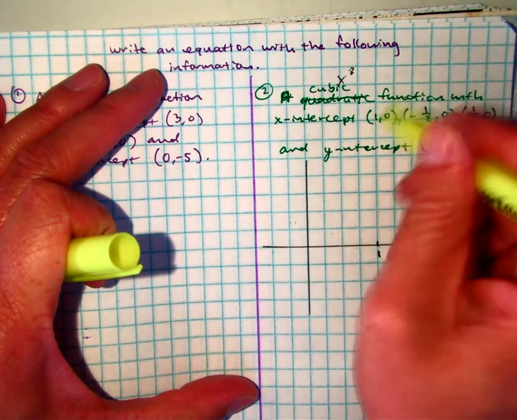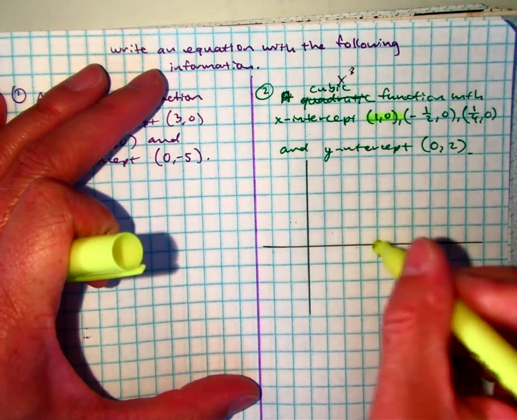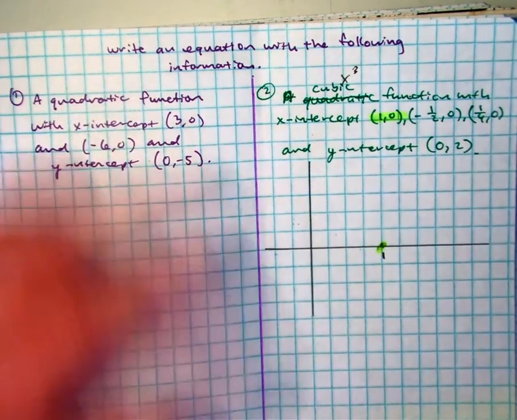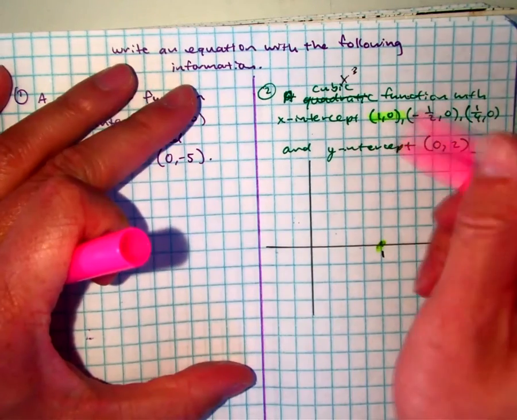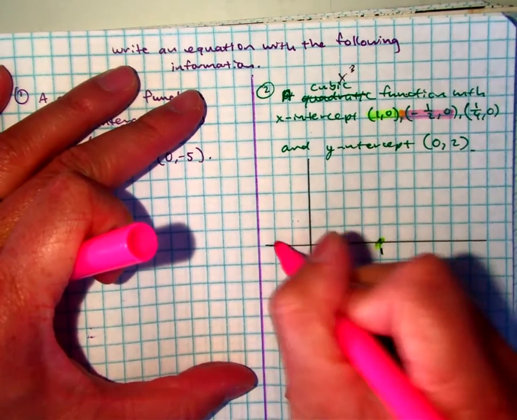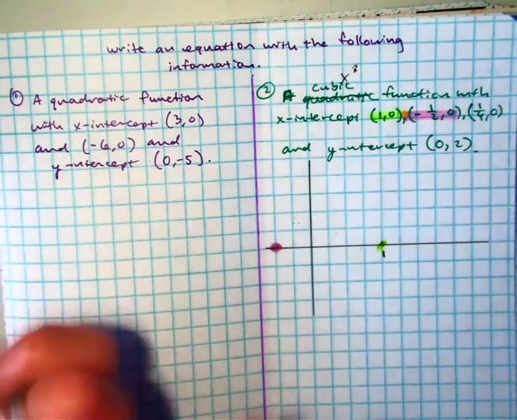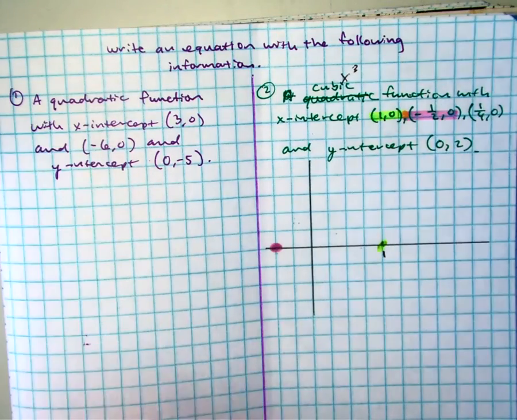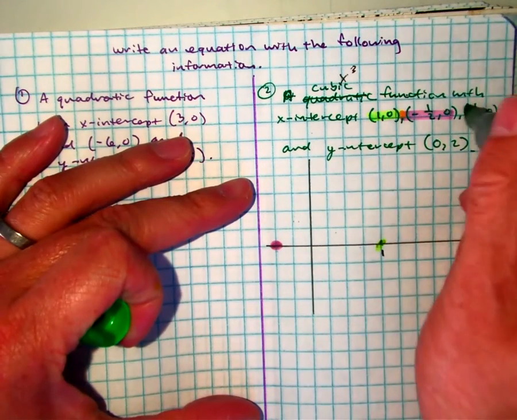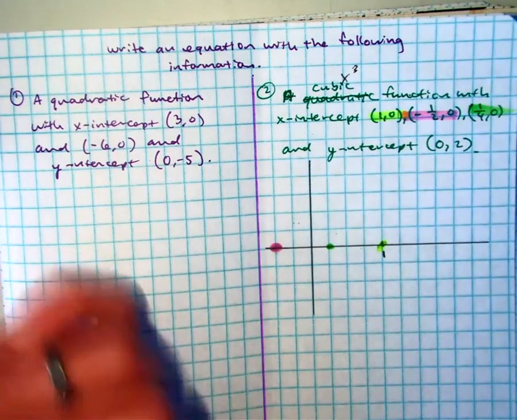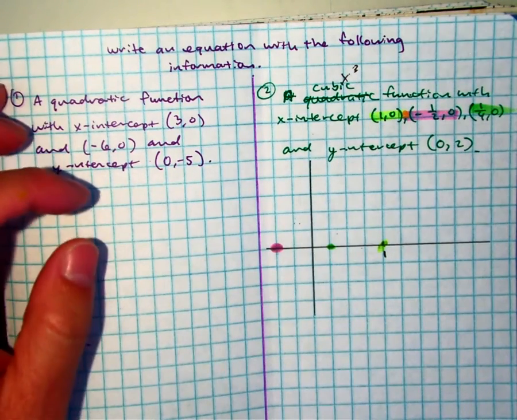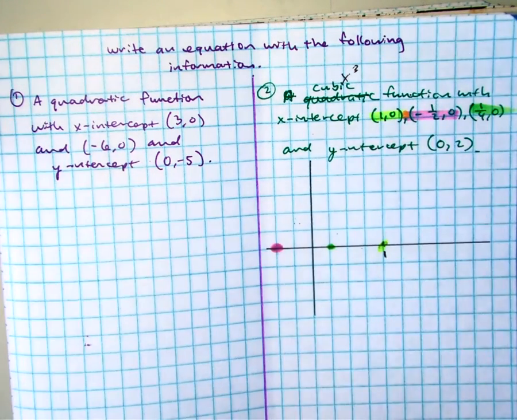I have (1, 0). I have negative 1/2. I have (1/4, 0). So again, each of these are 1/4 or a quarter. And then I have a y-intercept of (0, 2).